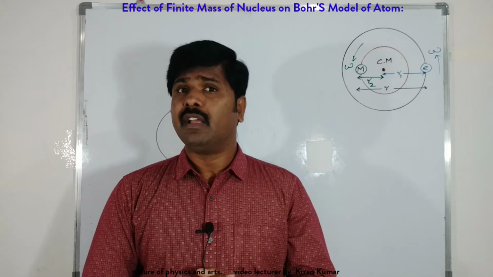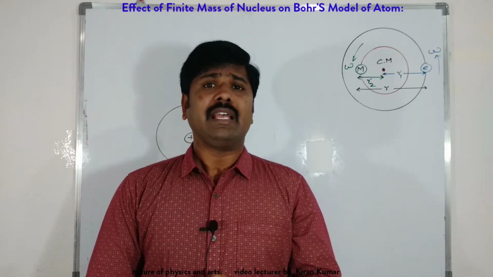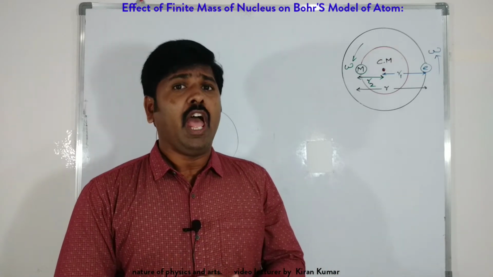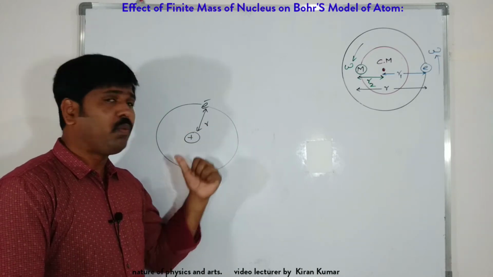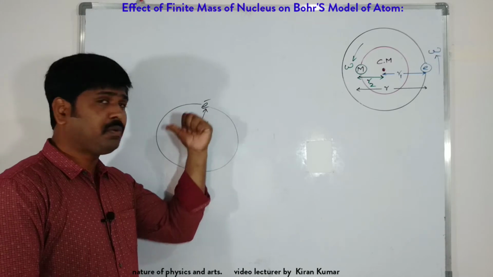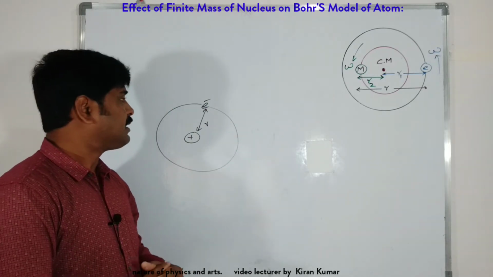What is that? The nucleus has infinite mass. That's why the nucleus is at rest. Around the nucleus, electrons are revolving. This is the nucleus, positive charge, and the electron is negative charge, which is revolving around the nucleus.